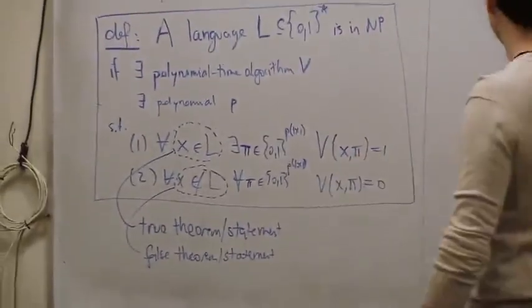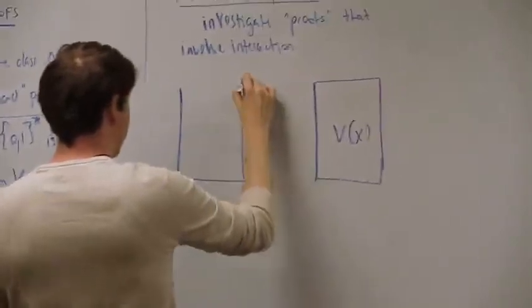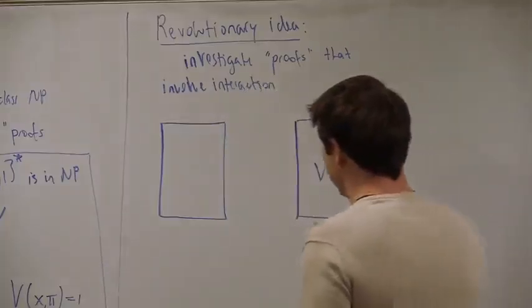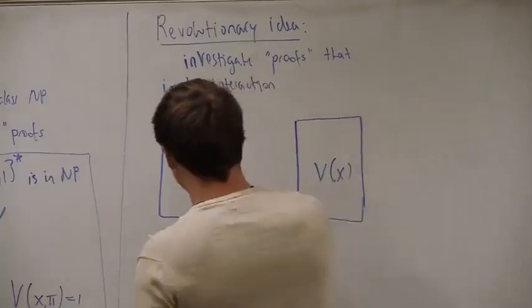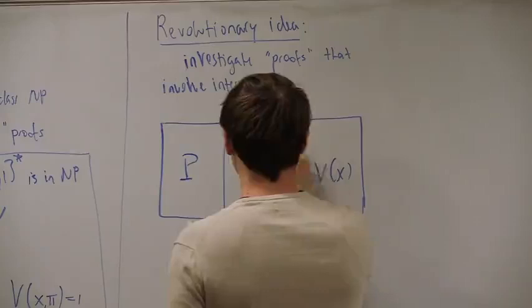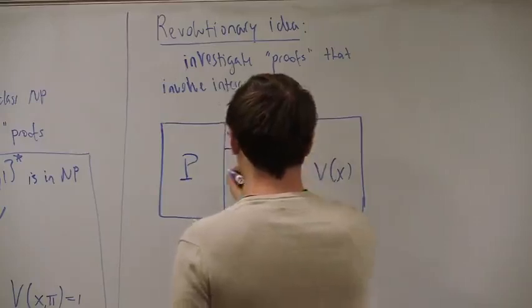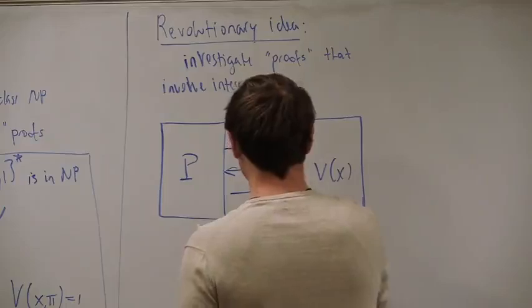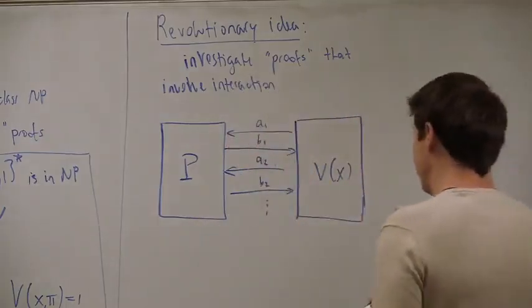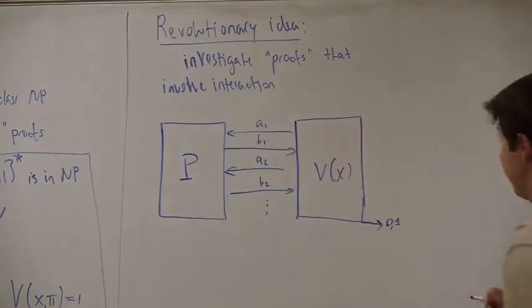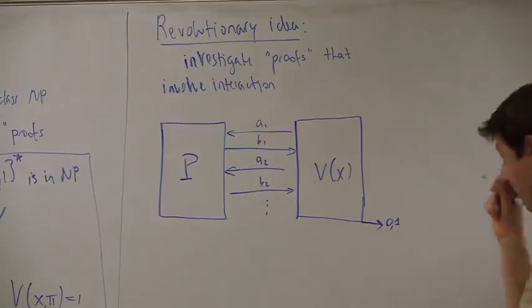But now we're going to add another entity, usually denoted P for the prover, that engages in a conversation with the verifier. So they exchange messages, A1, B1, A2, B2. So this is just a conversation. And at the end of this conversation, the verifier decides whether to accept or reject. So it outputs 0 or 1.